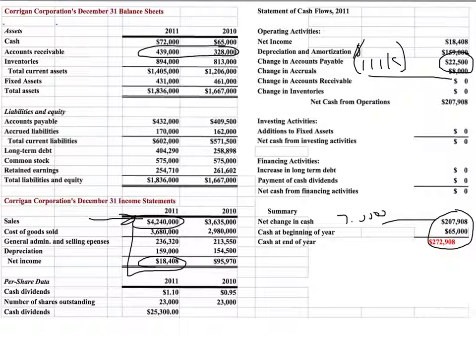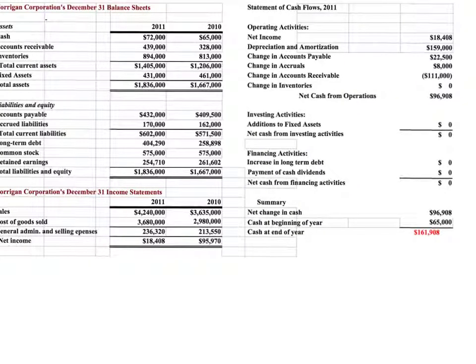And then finally, for the cash from operations, we'll look at inventories. Inventories, we can see here, also increased. This increase in inventories from $813,000 up to $894,000 is an $81,000 difference.